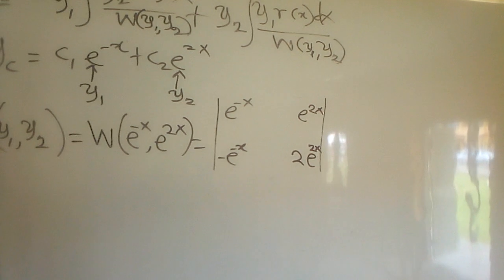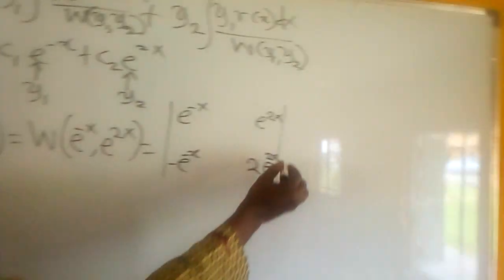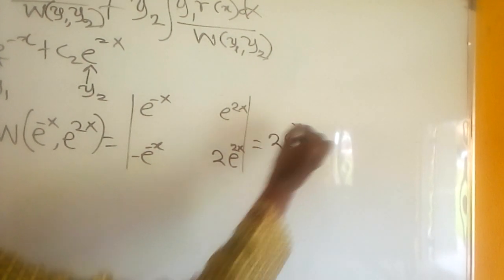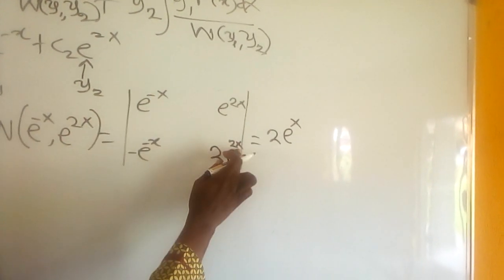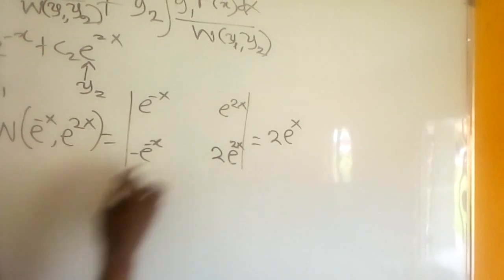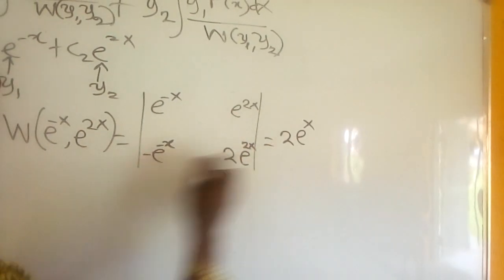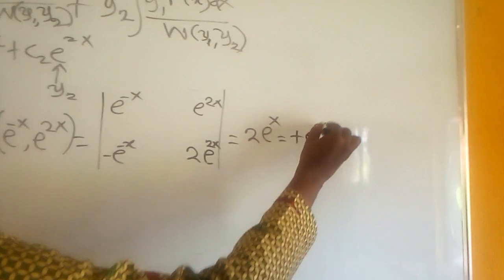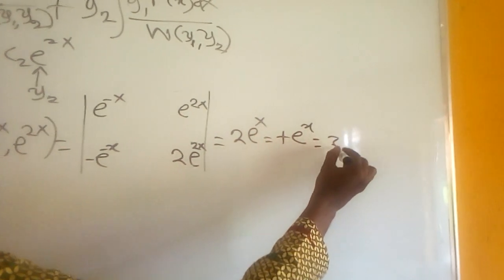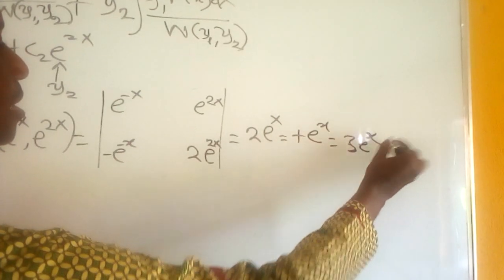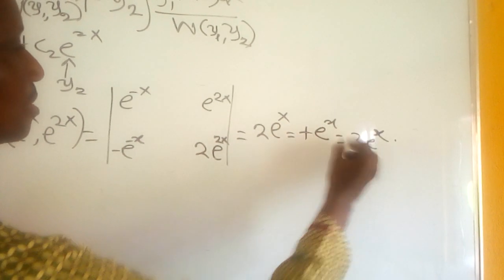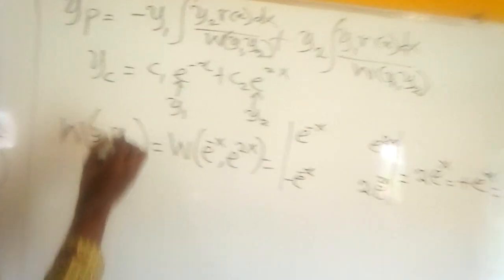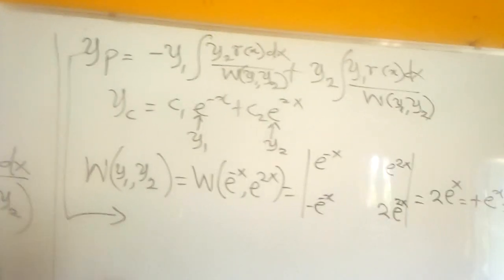Take note. The determinant will now give us, when we multiply, 2e^(x): e^(-x) times e^(2x) gives e^(x). Cross multiplying, there is a minus in between, which gives plus e^(x), and this gives you 3e^(x). Of course, we go straight to the particular solution, because we are done with the homogeneous solution.